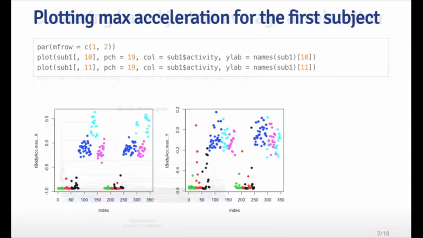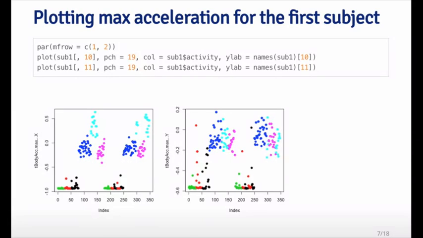So another thing we can look at is the maximum acceleration for the first subject here, and I'm plotting columns 10 and 11. Column 10 is the maximum body acceleration in the x direction, and column 11 is the maximum body acceleration in the y direction.